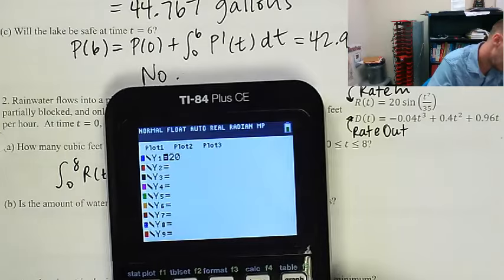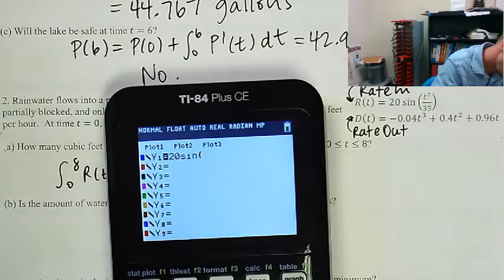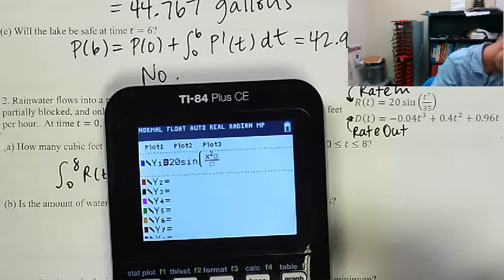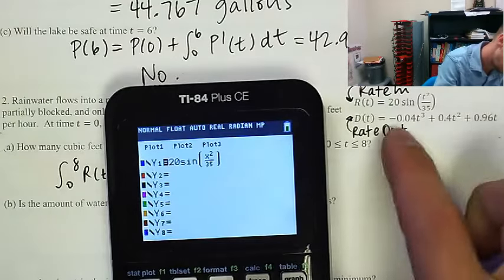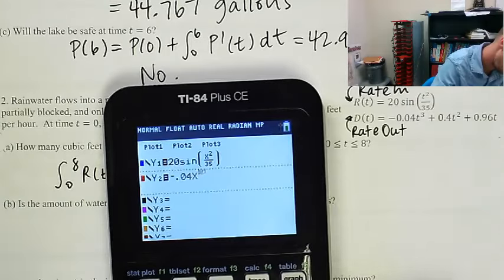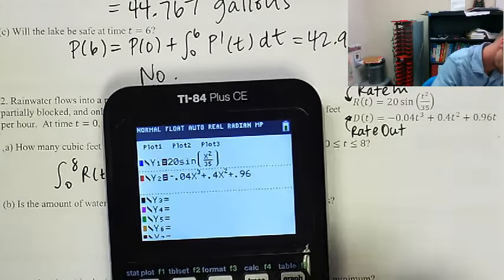typing the rate in into y1, sine, and make sure I'm in radian mode, I am, T squared divided by 35. And in y2, I've got negative 0.04 t cubed plus 0.4 t squared plus 0.96 t.